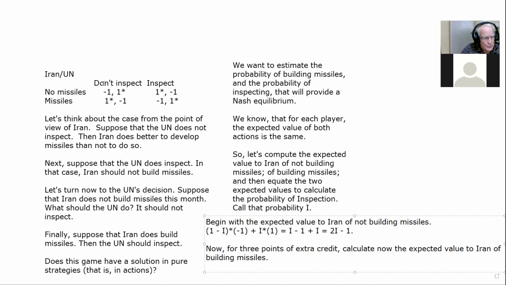Begin with the case in which the UN does not inspect. That case occurs with probability 1 minus I. In that case, Iran will receive 1 point.